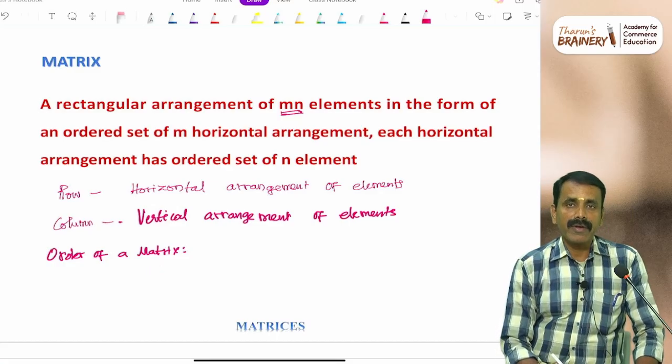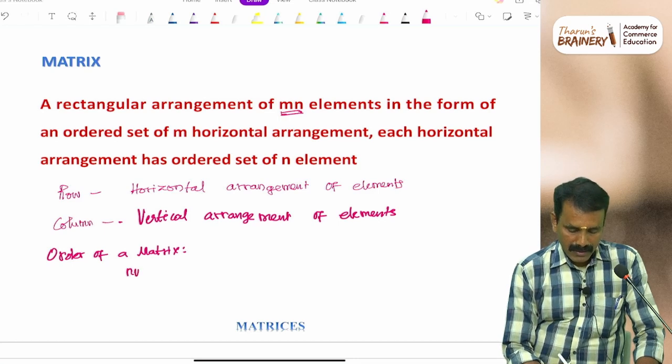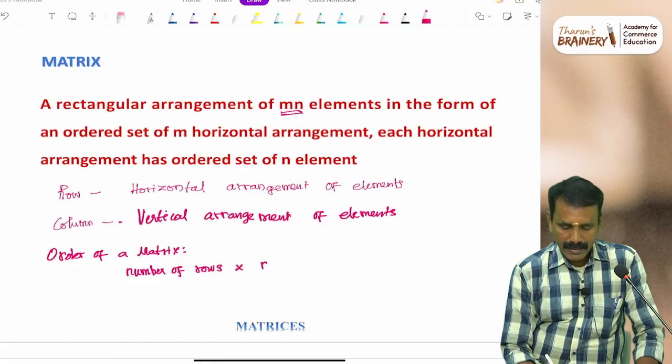Order of a matrix is defined as number of rows by number of columns.